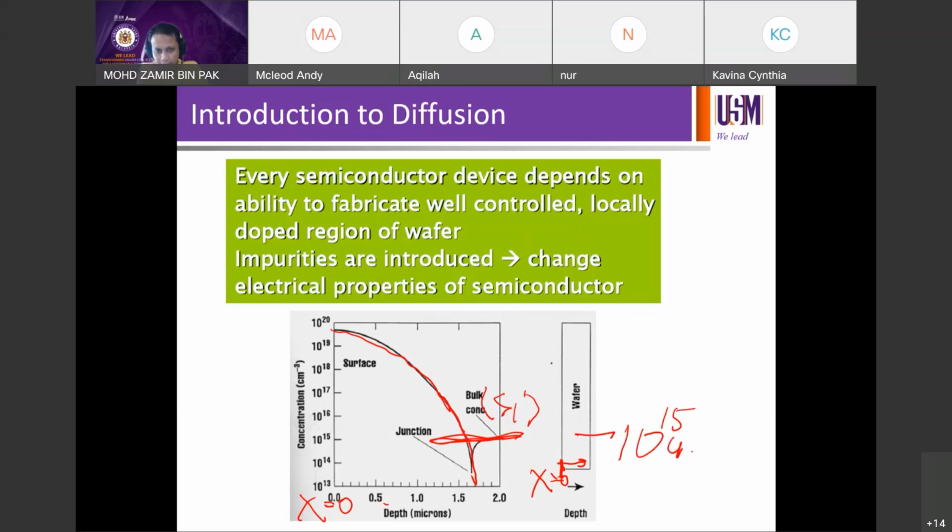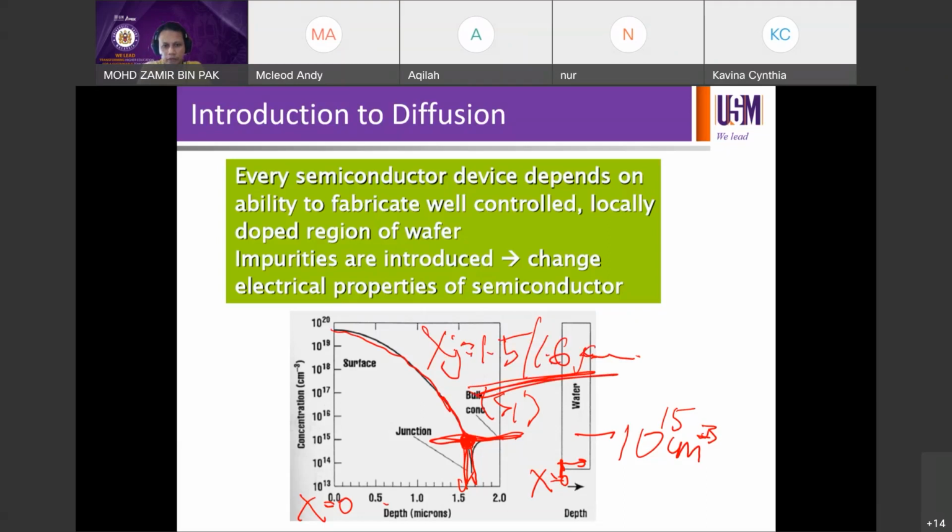Say if it's p-type, then we dope it with boron at 10^15 per centimeter cubed during the Czochralski process in the molten silicon. And then the intersection between the profile and the background concentration or the bulk concentration is somewhere around 1.5, 1.6 micron. So therefore, in this case, the junction depth xj is about 1.5 or 1.6 micron.